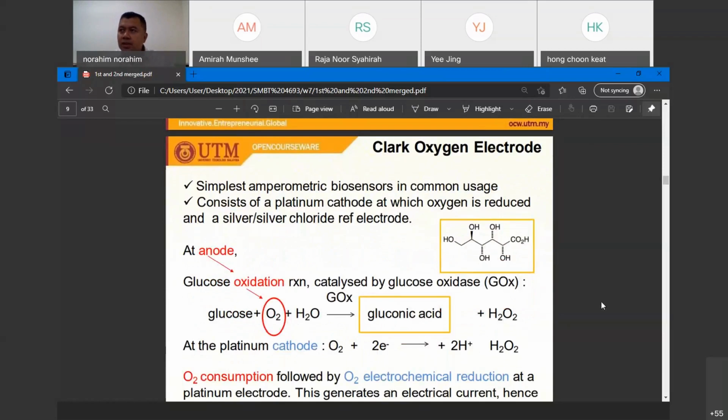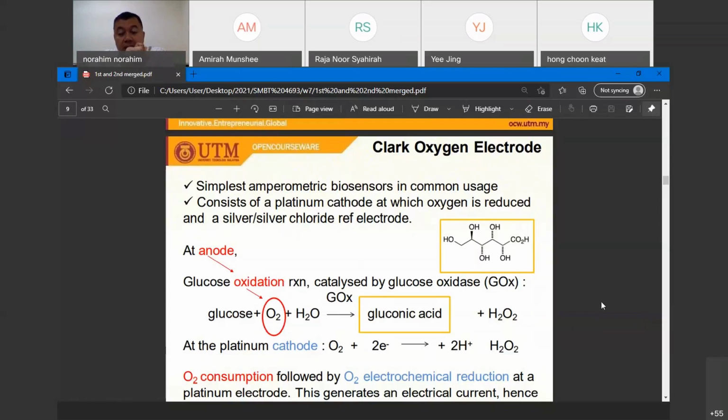This was one of the first generation biosensors, the early ones, before the advanced and sophisticated sensors we have now. The Clark oxygen electrode is the most popular in history. It is the simplest amperometric biosensor in common usage.